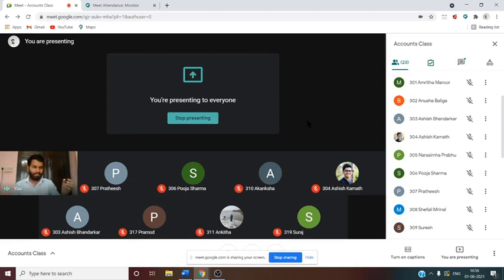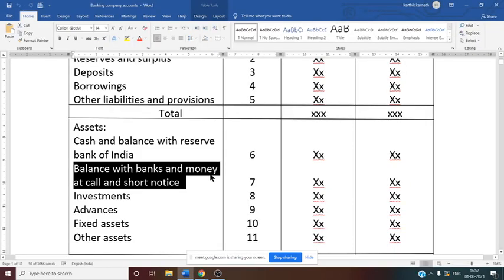Money at call means immediately when they ask back for the loan amount. So that is known as money at call, immediately within 1 day or 2 days. Money at short notice means usually 7 days, 21 days or 14 days. So depending upon the notice period, we can say. Usually it is 14 days, I feel, that is money at short notice.